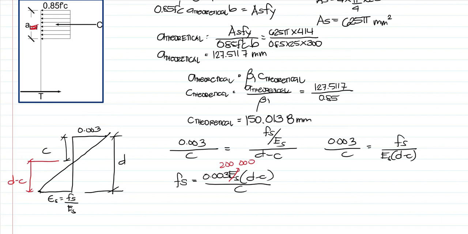So syempre magiging Fs now is equal to 0.003 times 200,000, a value 600 times D minus C divided by C.